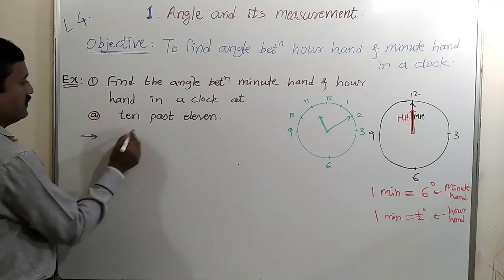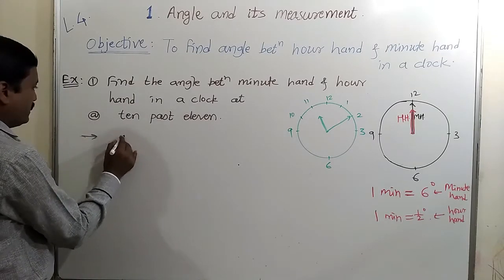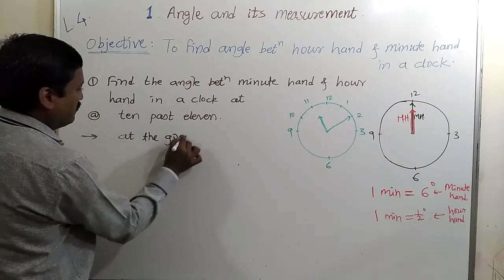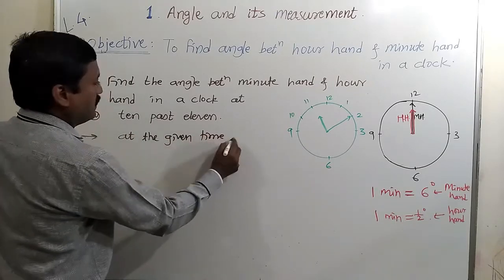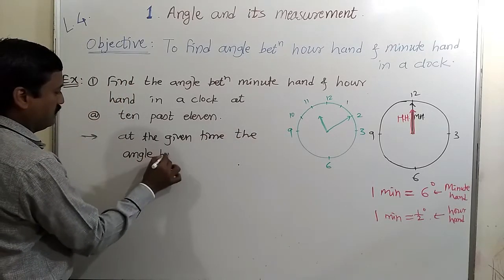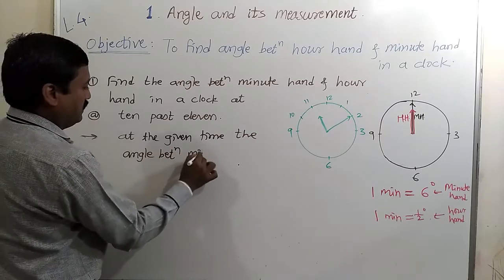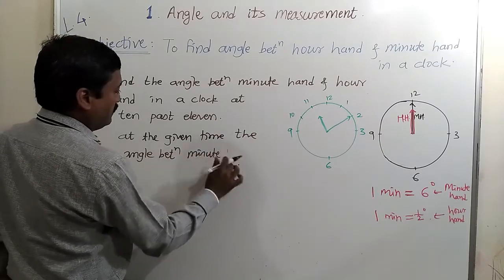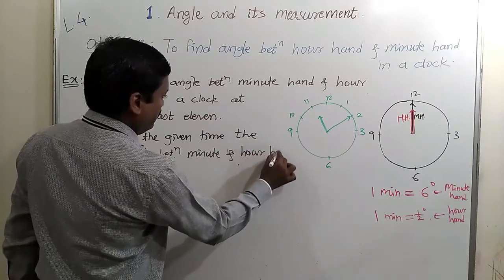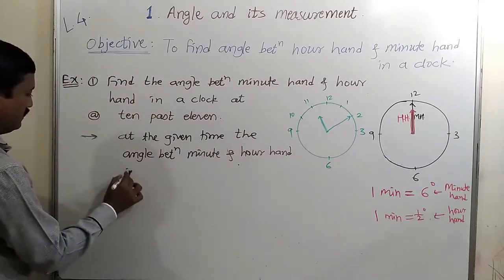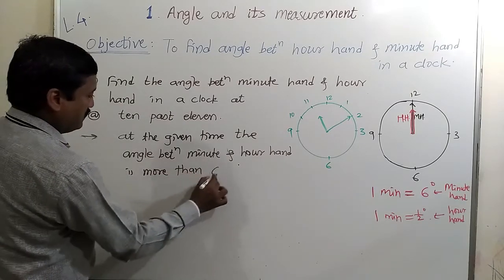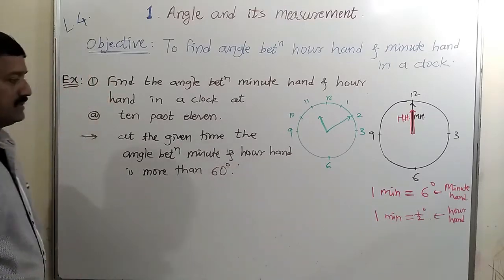Solution. At the given time, the angle between the minute and hour hand is more than 60 degree. Is it clear?